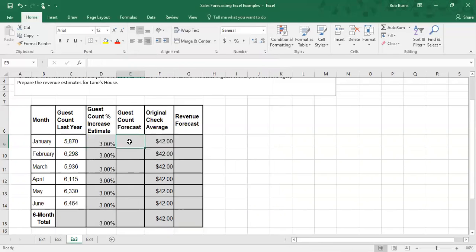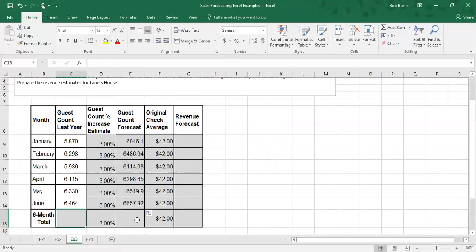Or you can just say equals guest count times 1.03, because 3% as a decimal is 0.03. If you did it by hand, you're saying that we want 100% of the value, so we want the whole 5,870, and we're going to add on the 3%, and Excel is going to give us that amount. And so we can send this down because it's going to do it for all of them.